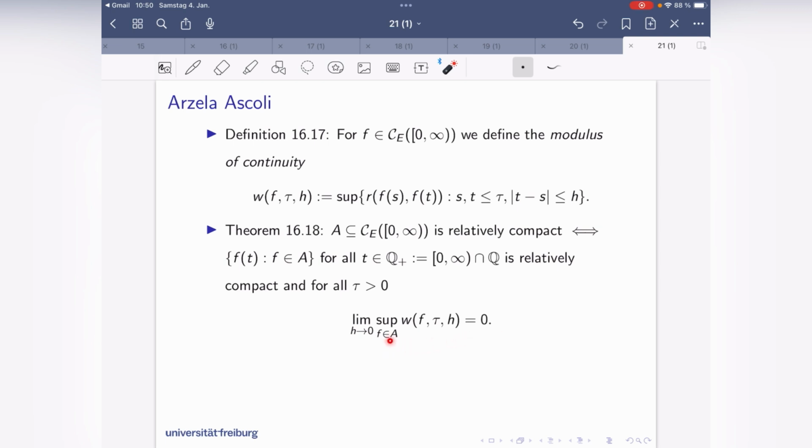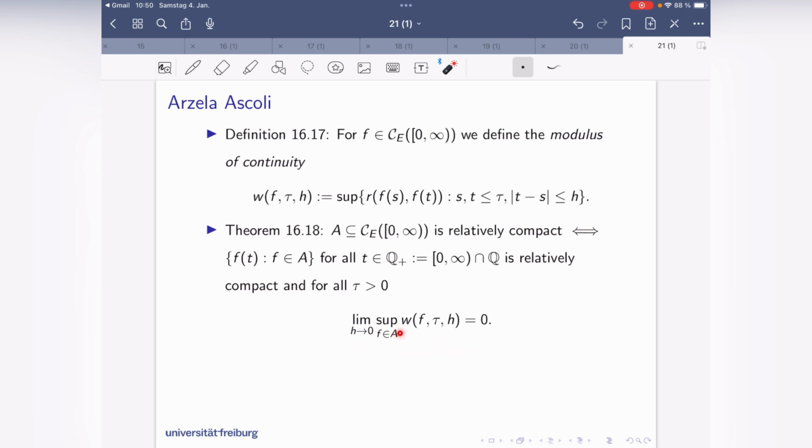So the worst thing you can do with the f here, if h goes to 0, and if I have a continuous function here, a single one, then we know on the interval 0 to tau I have a uniform continuity, which means that the largest increment I can have between any time points s and t converges to 0 if the time increment converges to 0.